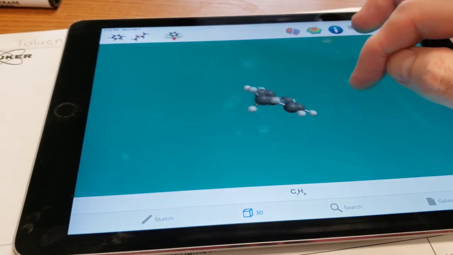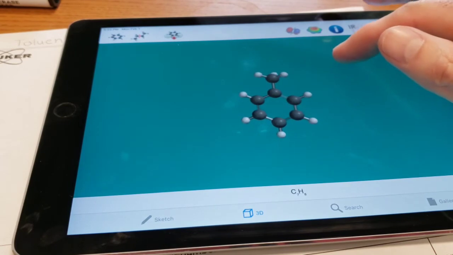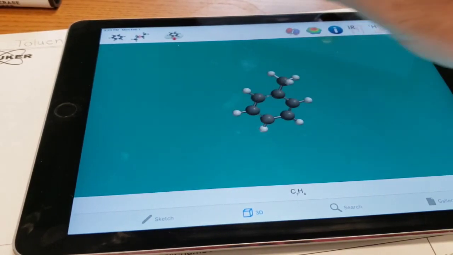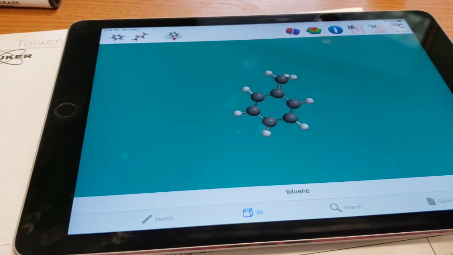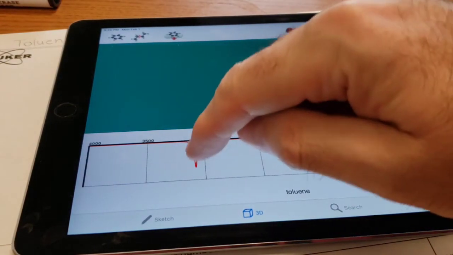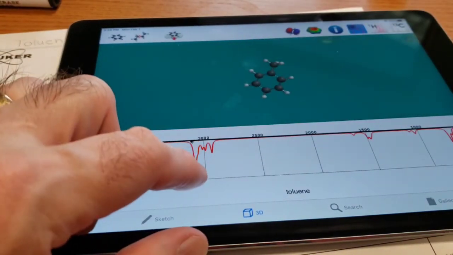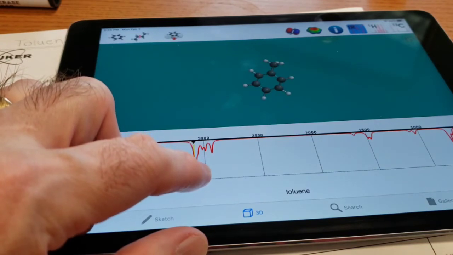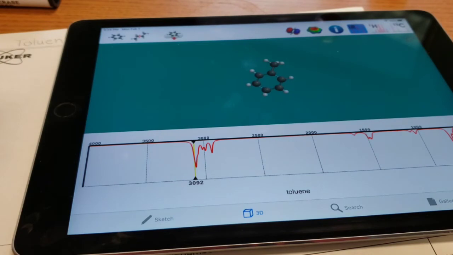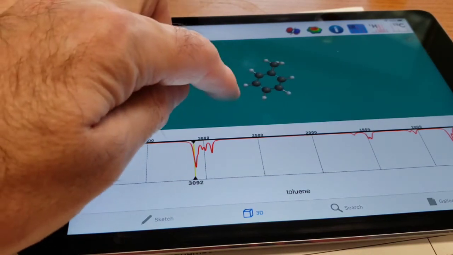And if you draw the structure, it will let you convert that into a three-dimensional model of the molecule, which it recognizes as toluene, and then we can predict the infrared spectrum. And as we progress through the simulated spectrum, it shows us the different modes of vibration.